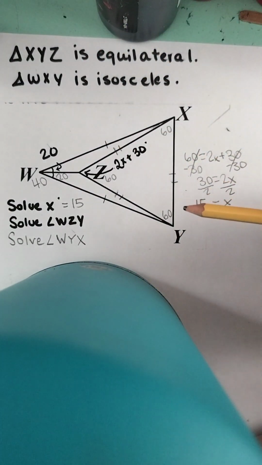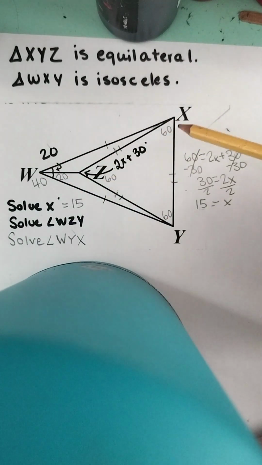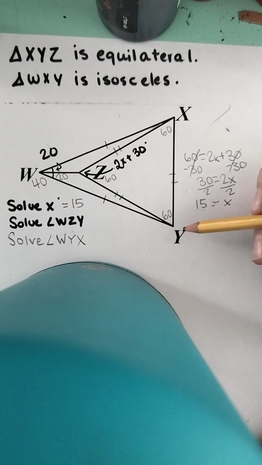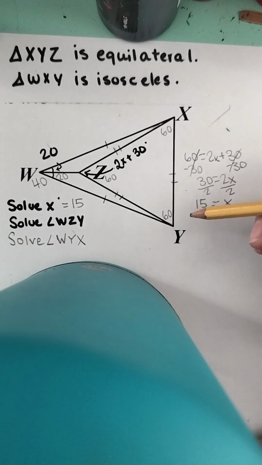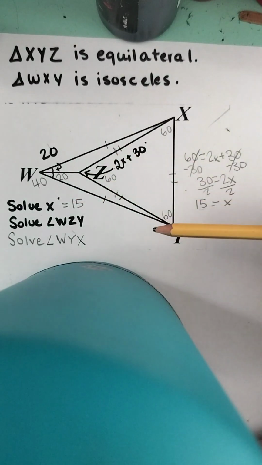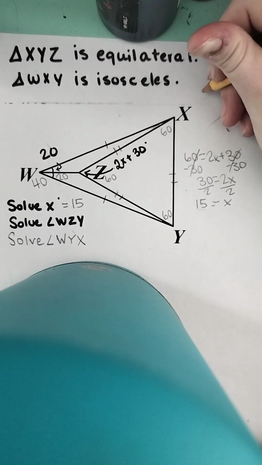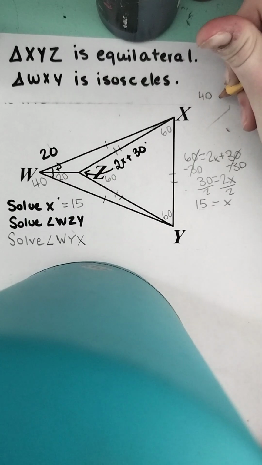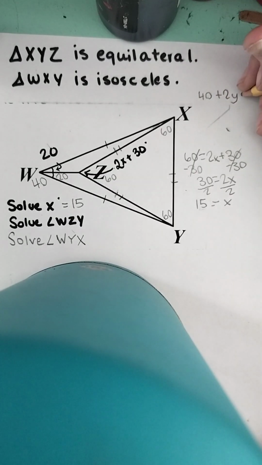We were given that WXY is an isosceles triangle, and this side and this side are equal, so that means that y and x are equal. And we also know that w is 40 already, and the whole thing is equal to 180 because of the triangle angle sum theorem. So we can put 40 plus 2y, y is just a random variable, equals 180.